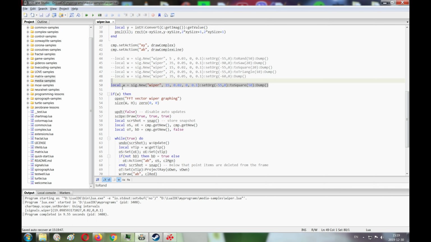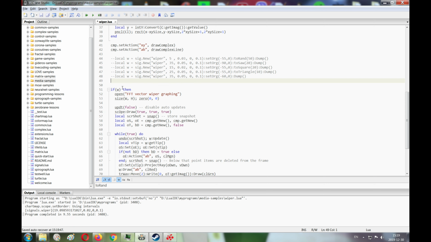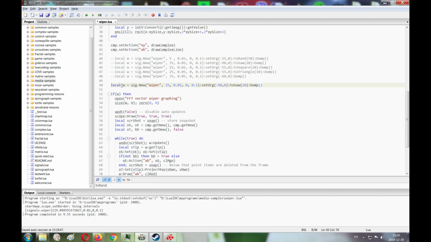Second thing I'm going to show you is a sawtooth initializer. Those harmonics and terms have alternating signs.